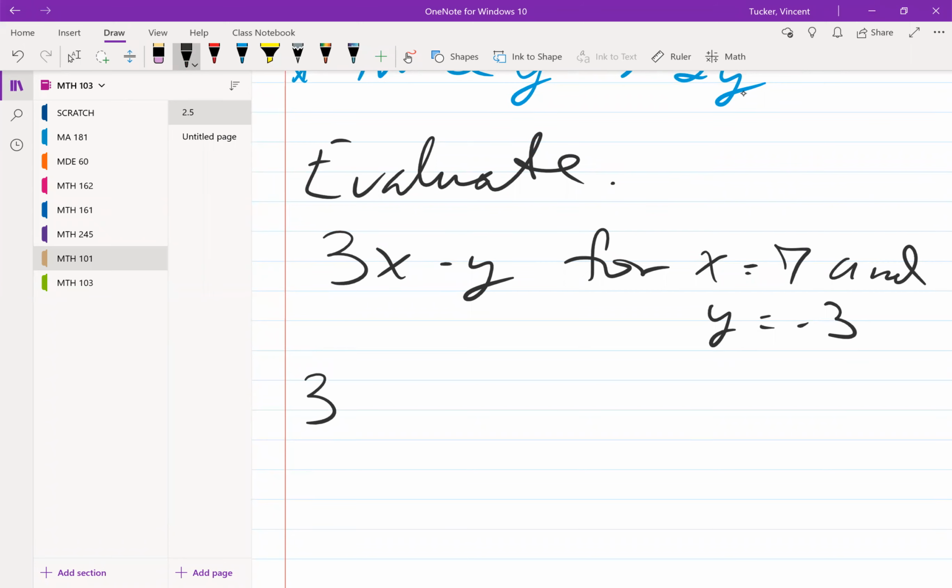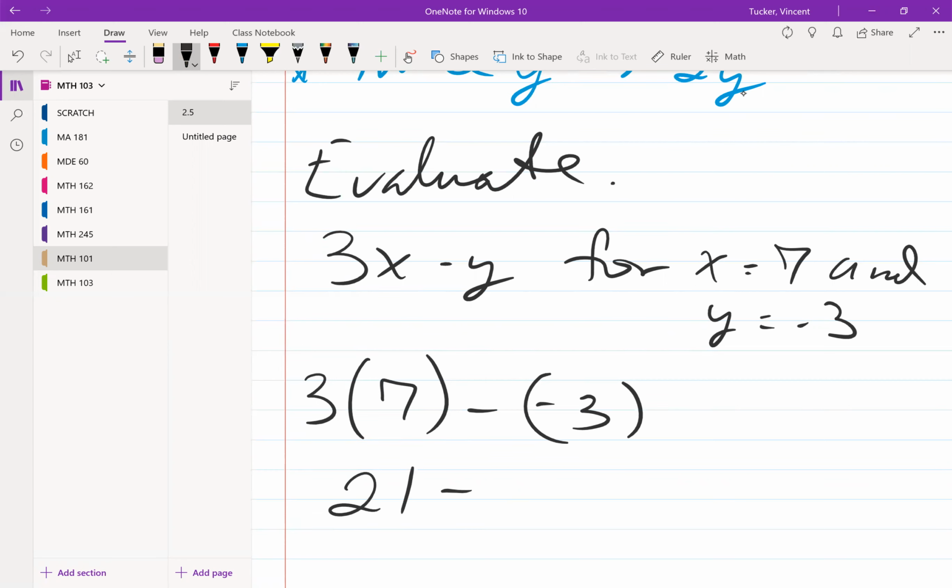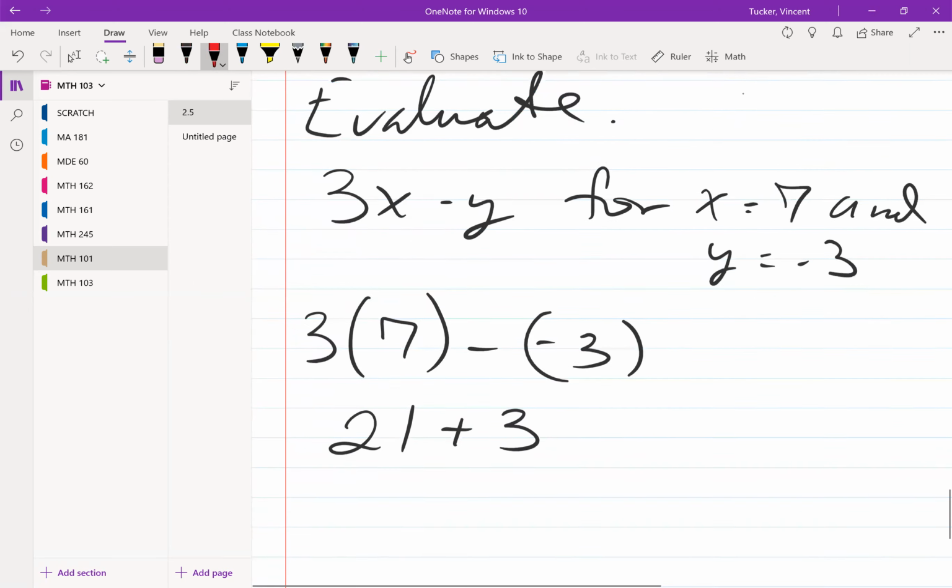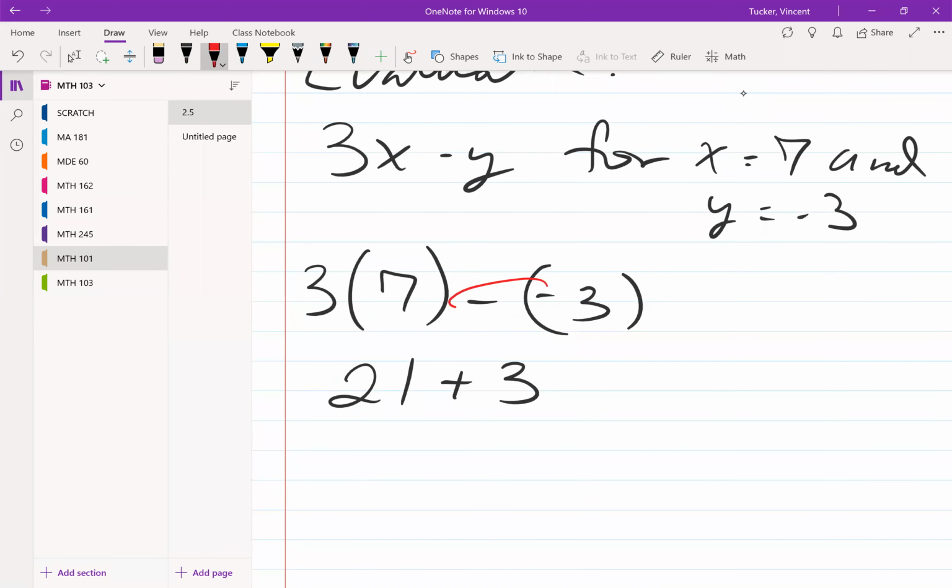So you just plug those in accordingly. That's 3 times 7 minus -3. So that's 21 plus 3, because a negative to a negative turns positive. And the final answer is 24.